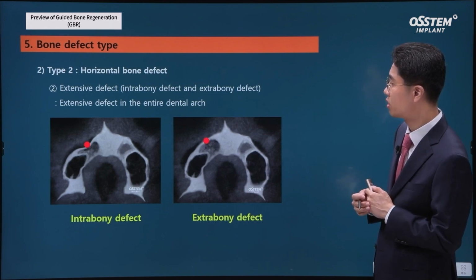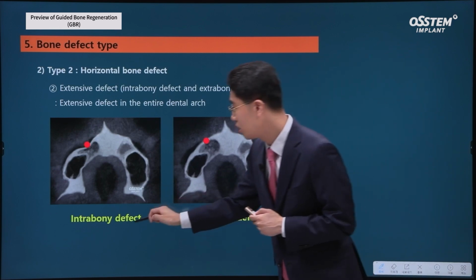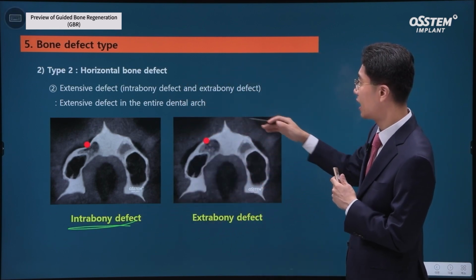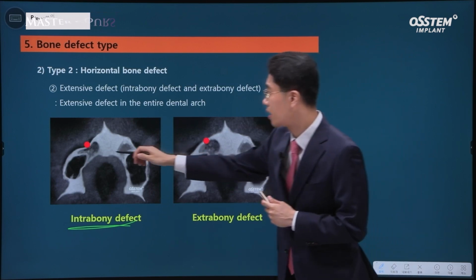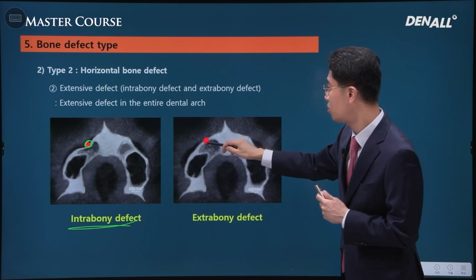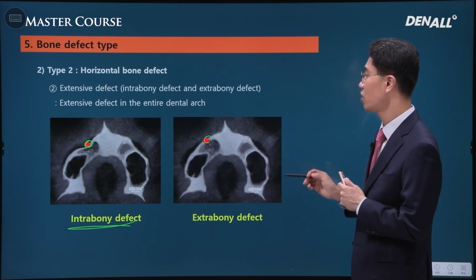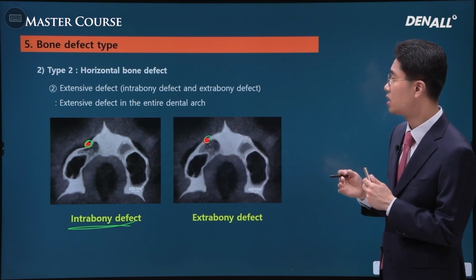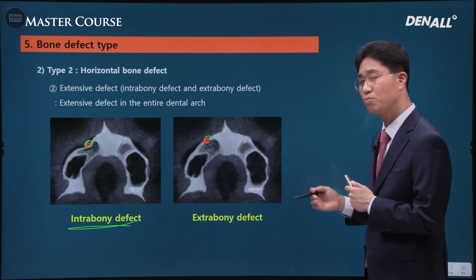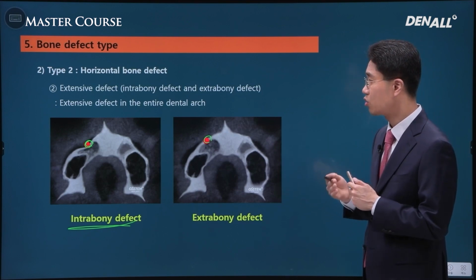In this case, there's intrabony defect where it is within the bony housing, and there's also extra bony defect where it is beyond the bone housing. Intrabony defect is much easier to treat than extra bony defect.